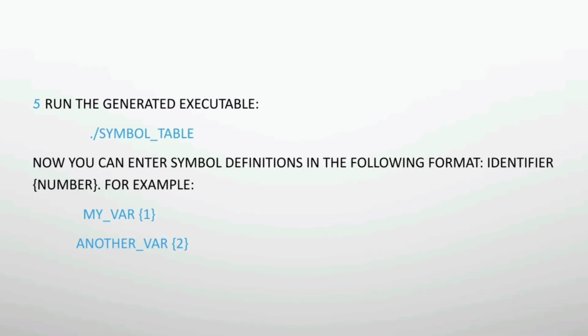After running that, we have to give another command to get the final output, that is ./filename. Now you can enter the symbol definition in the following format, that is, the format is identifier followed by the number. Here we can see the example. Firstly we have given the identifier, then the number.